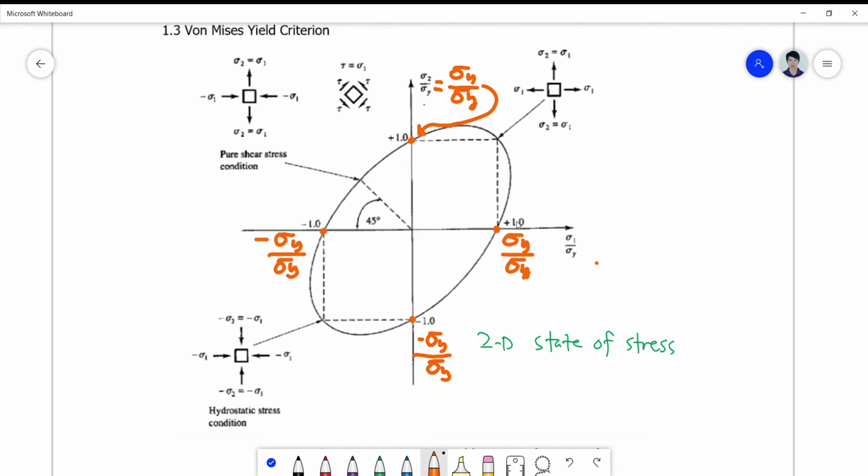So the other critical points we ought to define are these points and these points, which will simply define the failure state at a condition wherein sigma 1 and sigma 2 are both positive sigma y, which means to say that at this particular point, your biaxial specimen has all the forces in tension, sorry.